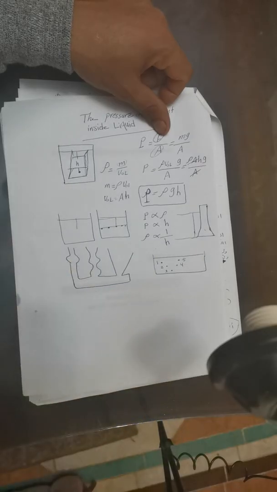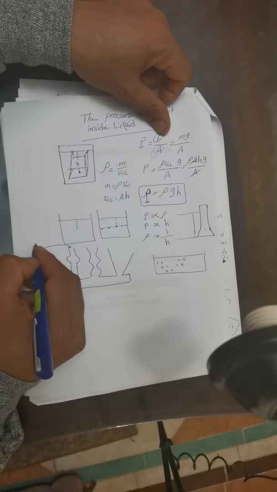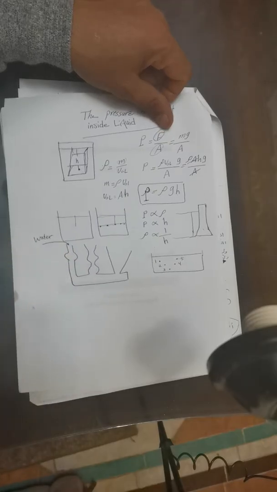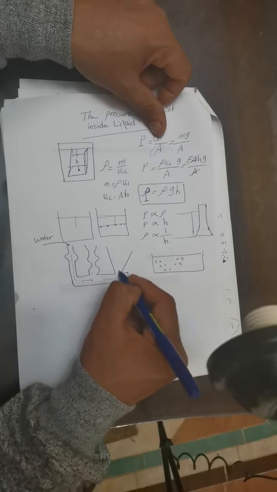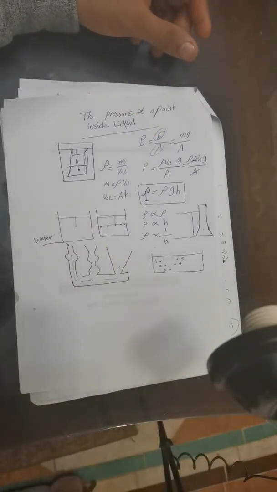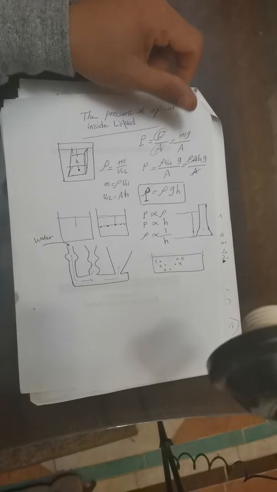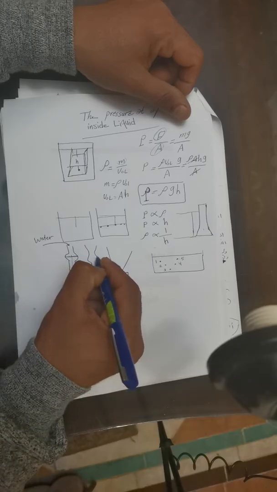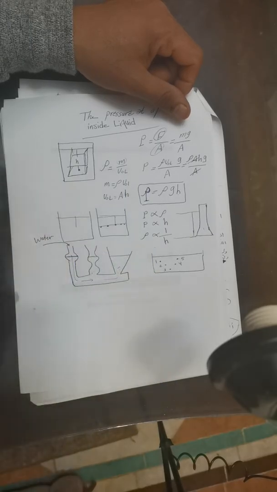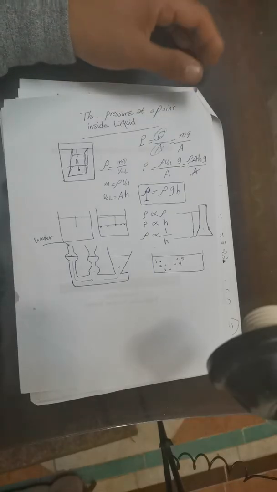Like this. If we put water from here, the water will separate and distribute in all vessels and will move up, and we will observe that the level of water in all vessels has the same level.